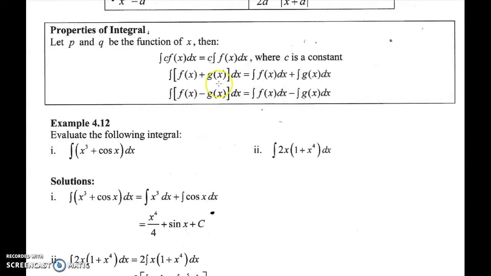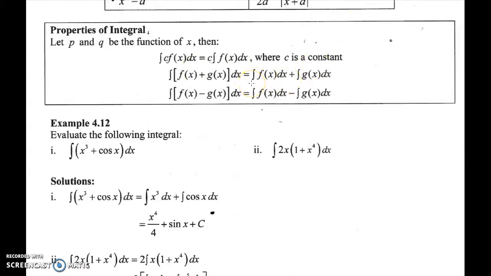Some of the properties of integration that you need to know: if there is a constant, we can leave it out, just like with derivatives, so that it will be easier for us to integrate later. And for summation and subtraction, if you have the summation or subtraction between two functions, you can split the integration up.